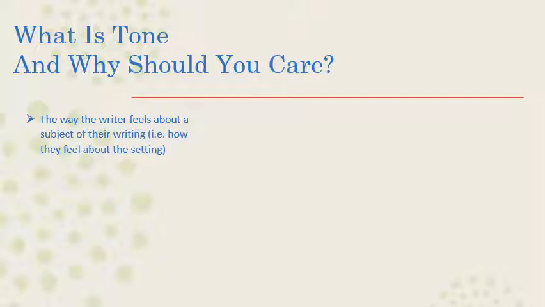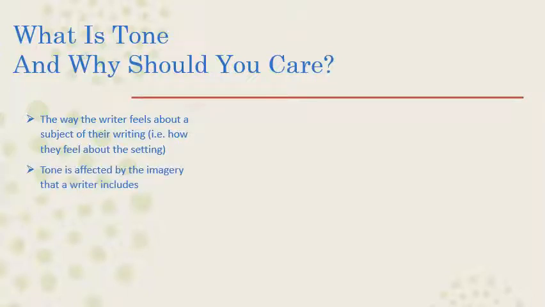It's the emotion that the writer is feeling toward this thing. So we're going to talk about tone just in regards of how the writer feels about the place that they're describing, right?